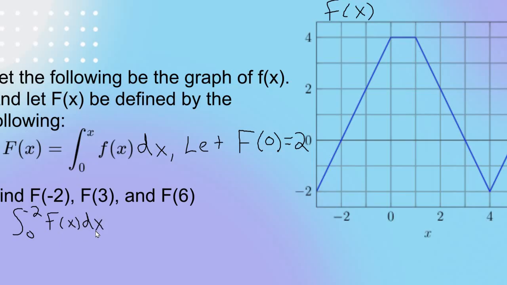Now, the nice thing about most of these graphs is when we're dealing with an accumulation function, it's going to be very geometric, which is what this is, okay? So we're just looking for what does an integral represent. Area under curve. Cool, and we are going from 0 to -2. So what do I end up with there?